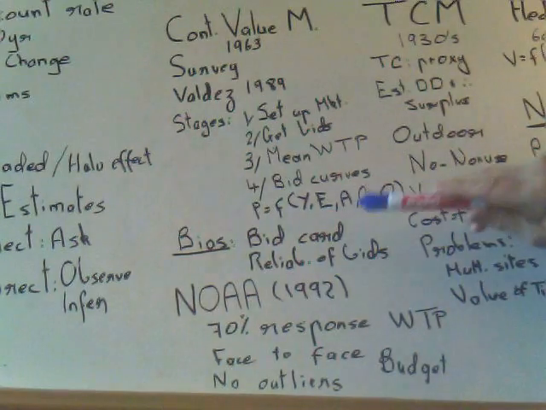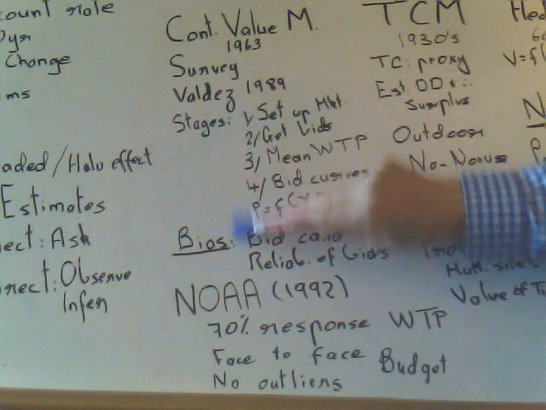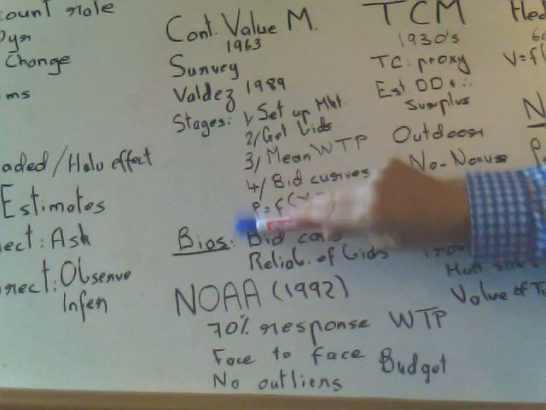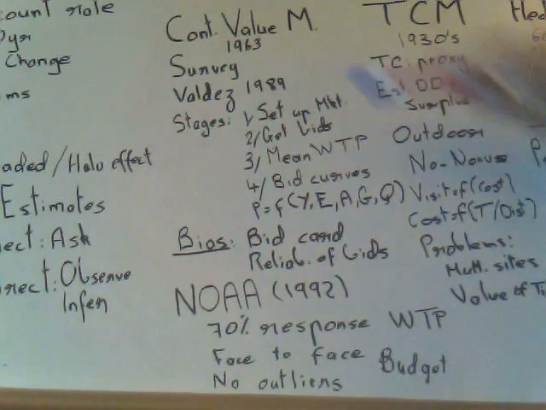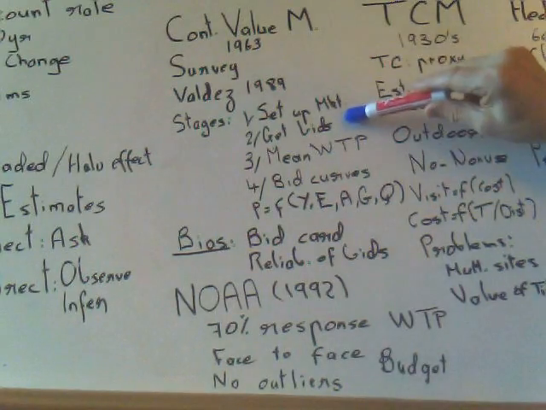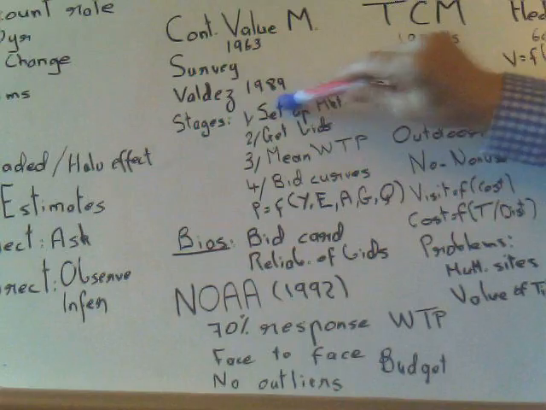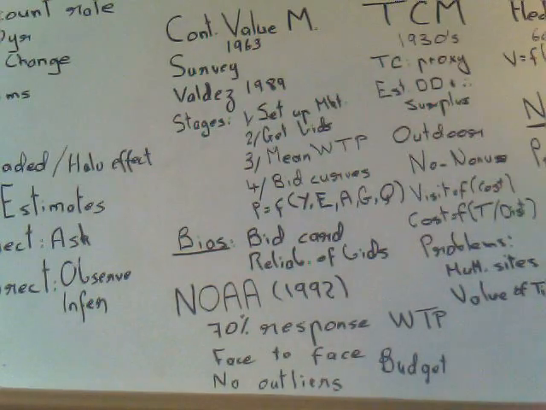Now, this isn't probably as important, but I want to go through this very quickly to give you again an idea about how you do this survey. What you really have to do is create a market. So you're going to set up the market. To set up the market, you've got to explain to the people totally what it is that you're trying to do. What is the project all about?